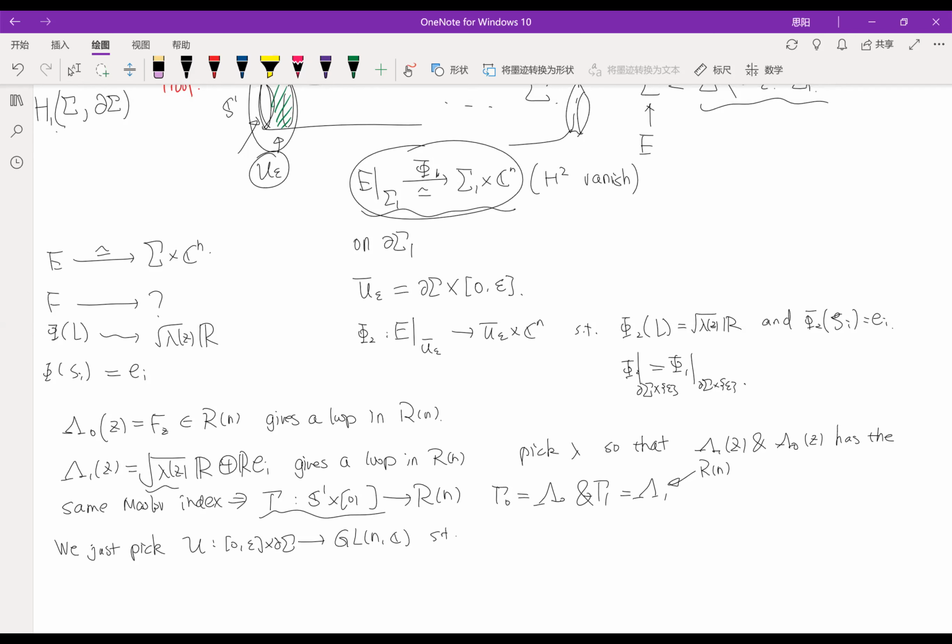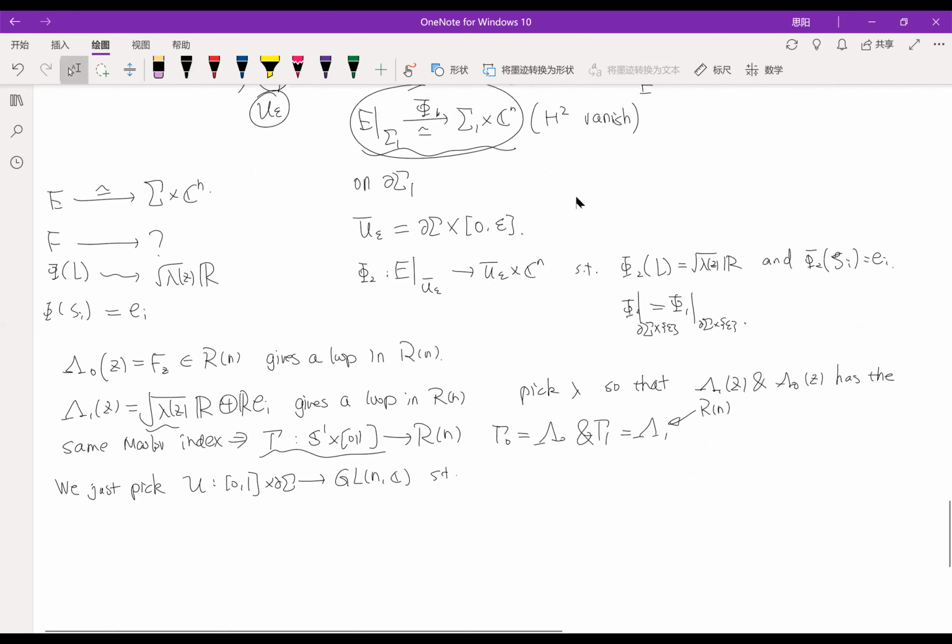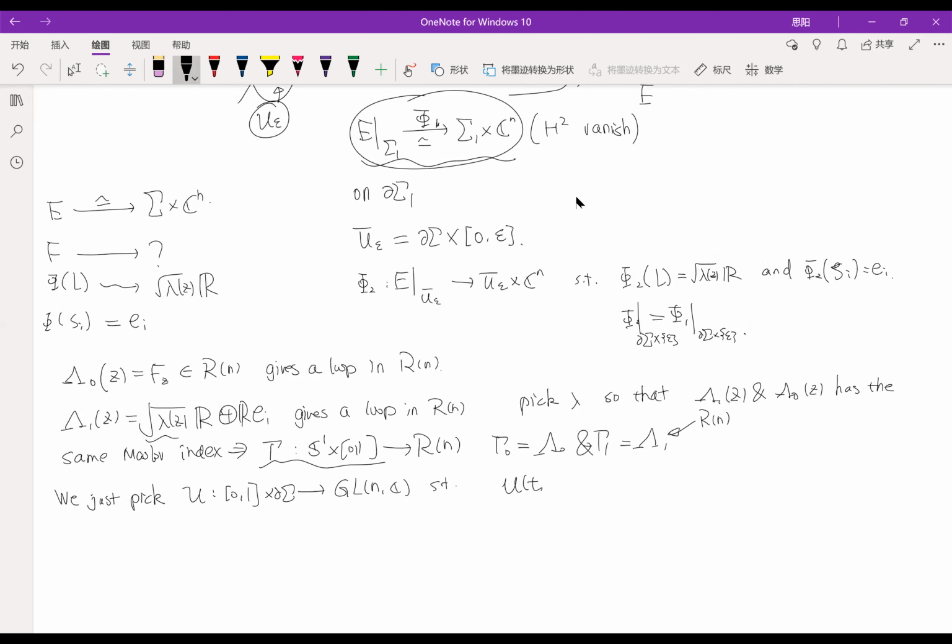We know that the parameter does not contribute to anything. So we can pick this such that for h_t we have U_t, and at the point z it maps lambda 0 to lambda 1 at the point z.